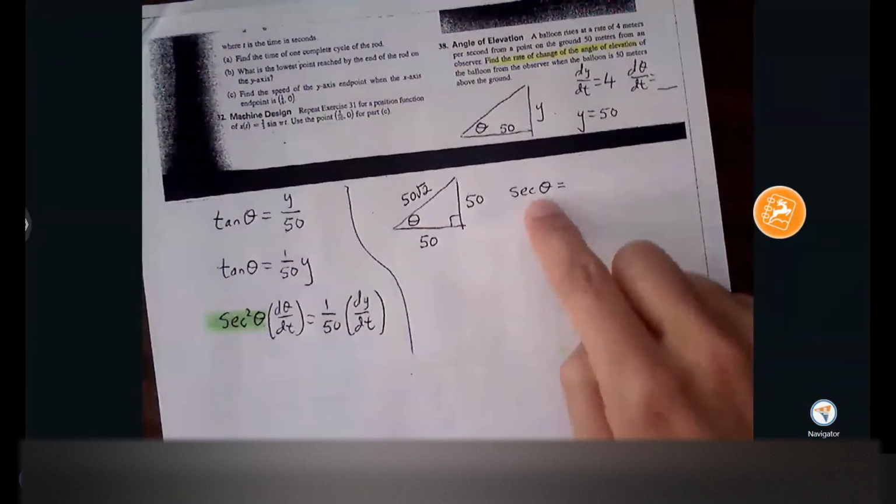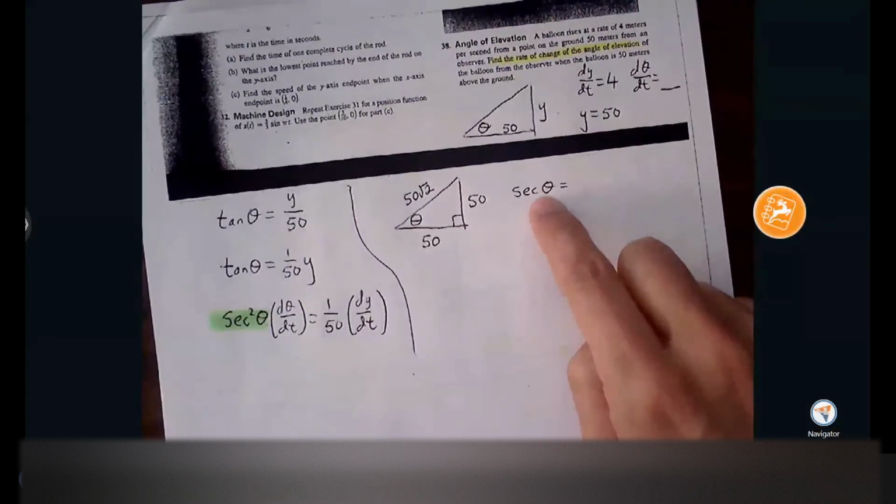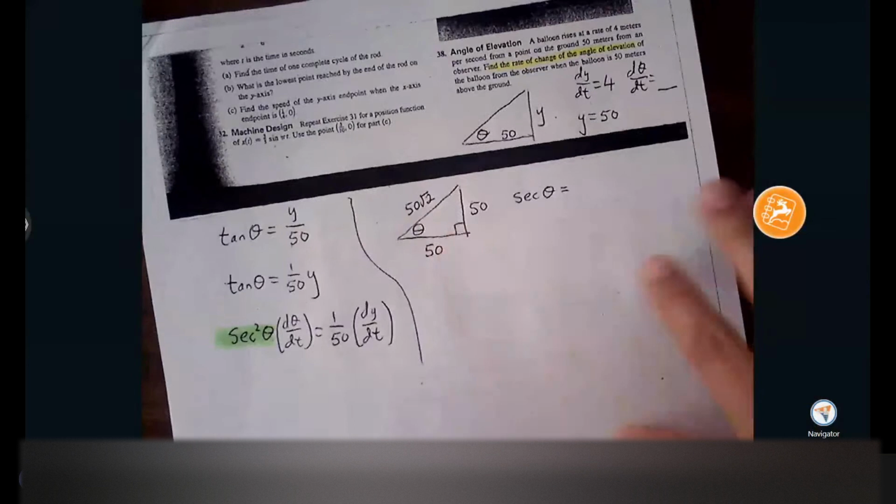Root 2 over 50, yeah. Secant is the reciprocal of cosine, hypotenuse over adjacent, 50 root 2 over 50, which reduces to a nice value of just root 2 because the 50 cancels out. So secant of theta is just root 2.